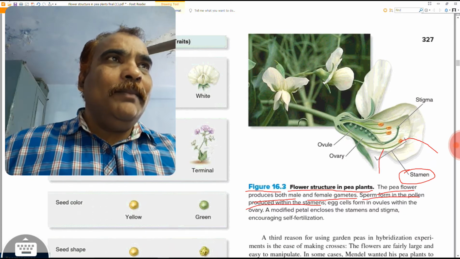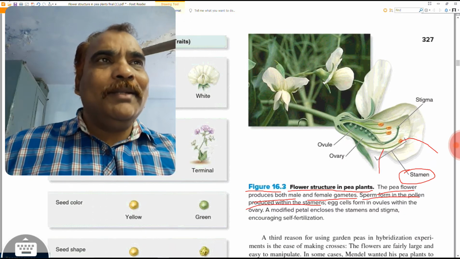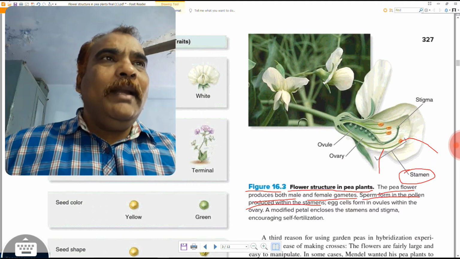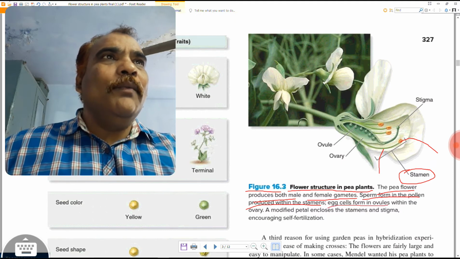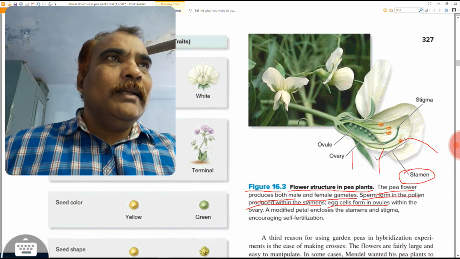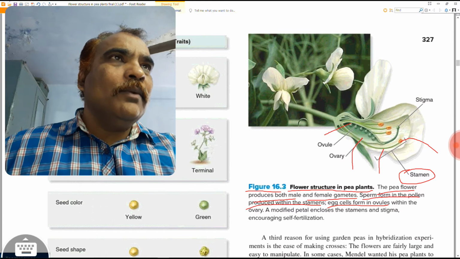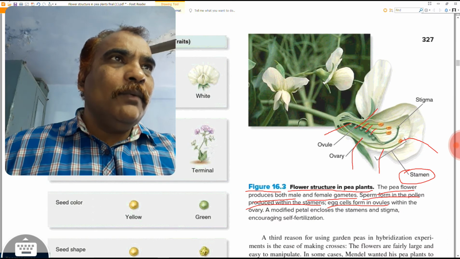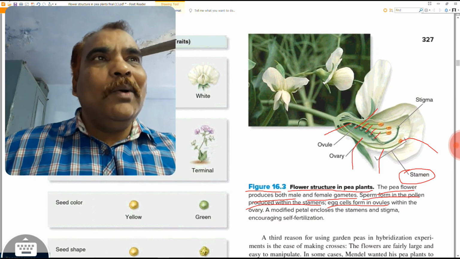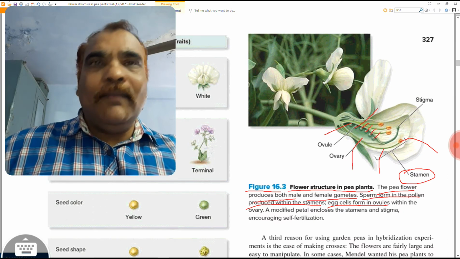So anther and filament together are known as the stamen. And egg cells are produced in the ovule. This is the ovary, and these all are the ovules. So in the ovules egg cells are formed.